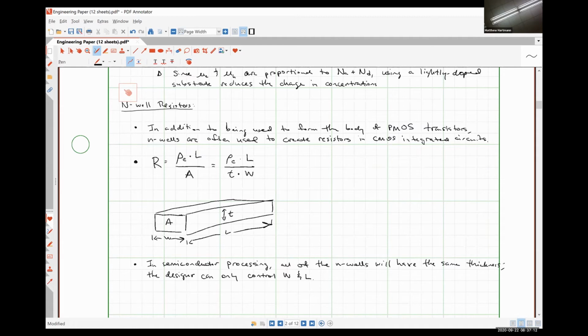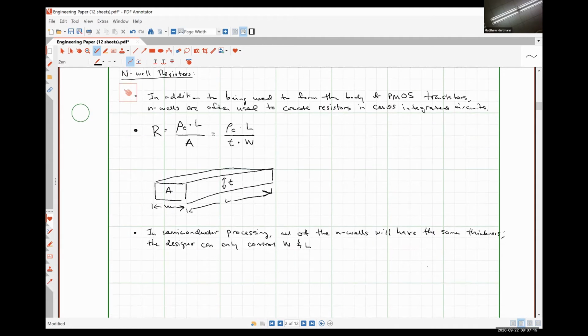Okay, so we can adapt our equation slightly.